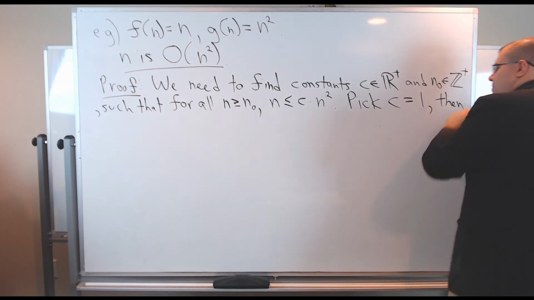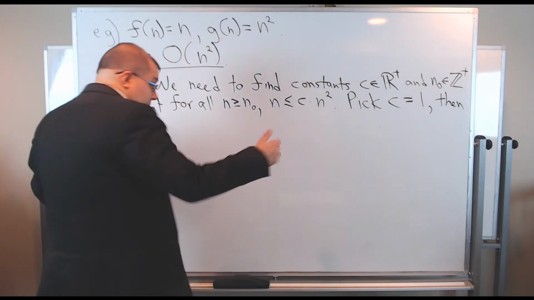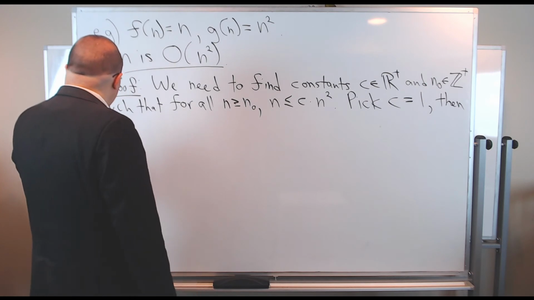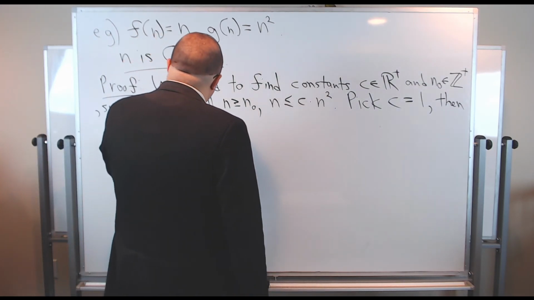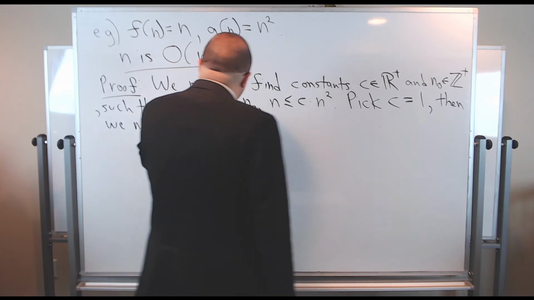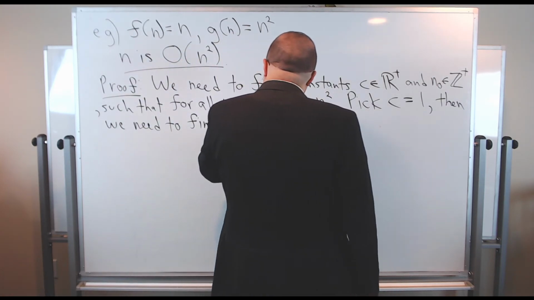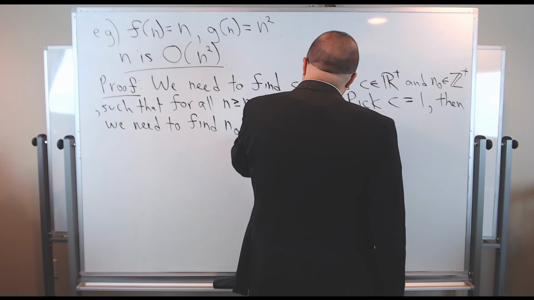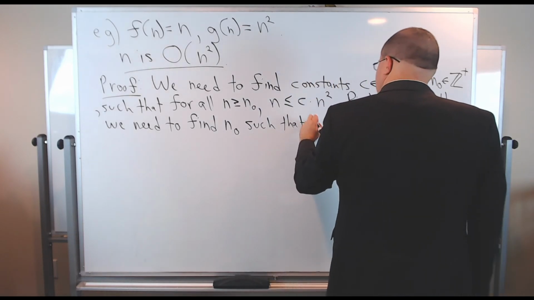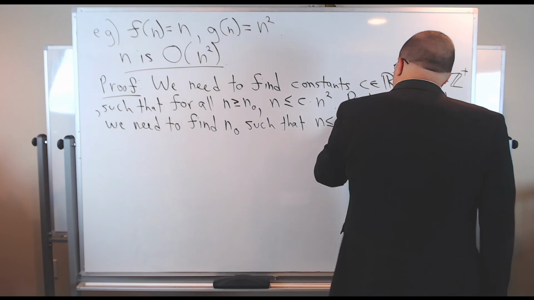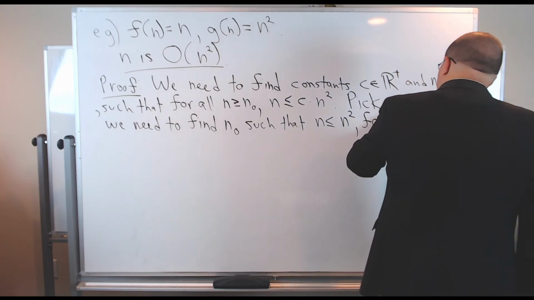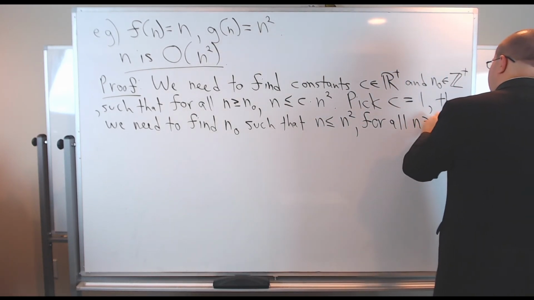Then, remember, now I have to say what I'm going to do. Now we need to find n0 such that n is less than or equal to n squared, for all n greater or equal to n0.